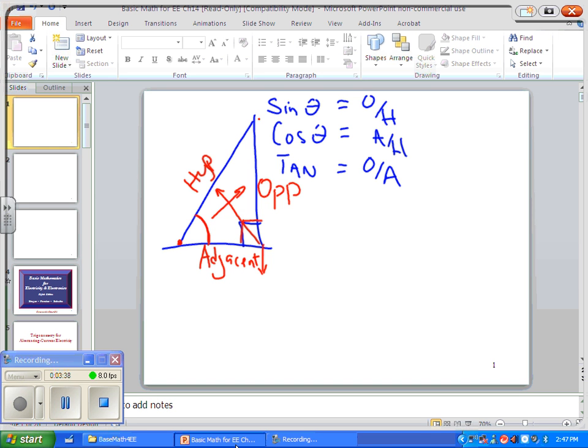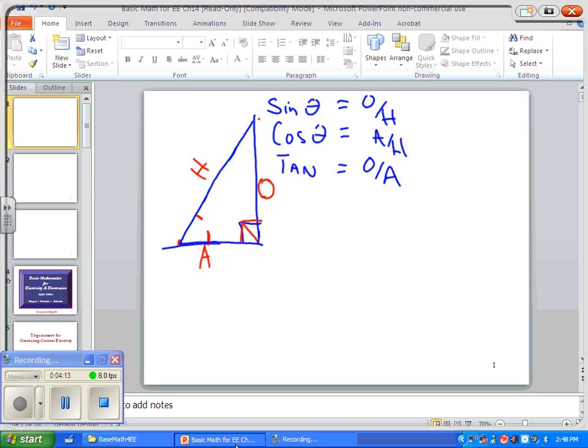So let me get rid of most of this stuff, because we want to just start calling this, get all this out of here. Now, even though we call this the hypotenuse, the adjacent, and the side opposite, when we're doing certain things, we're going to call those things by the titles of what they really are.